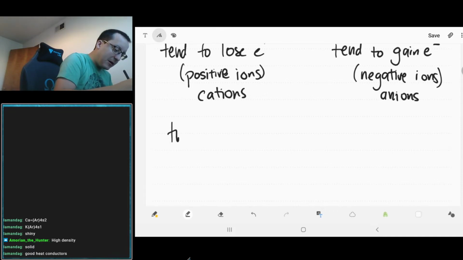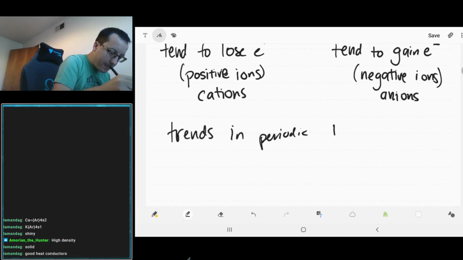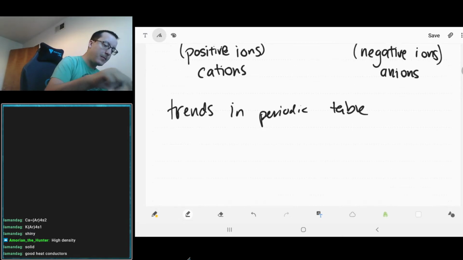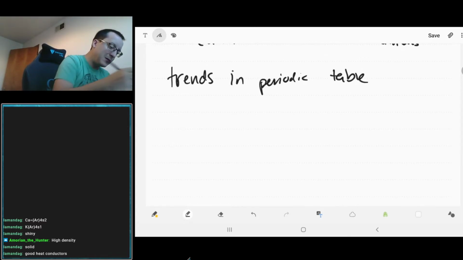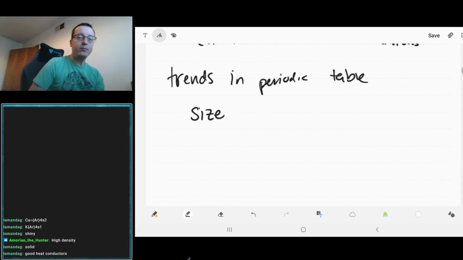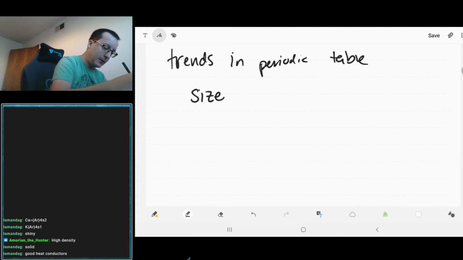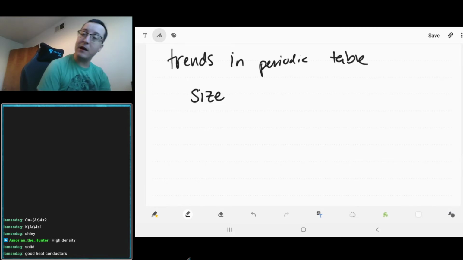So now let's talk about trends in the periodic table. Alrighty, here we go. So let's look at size. Let's compare a few atoms here.